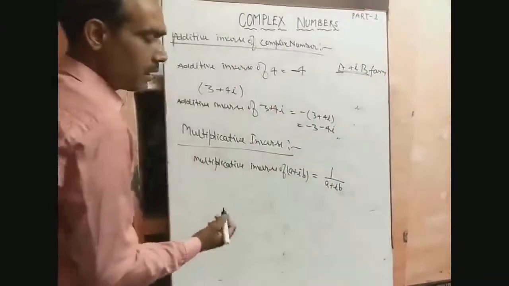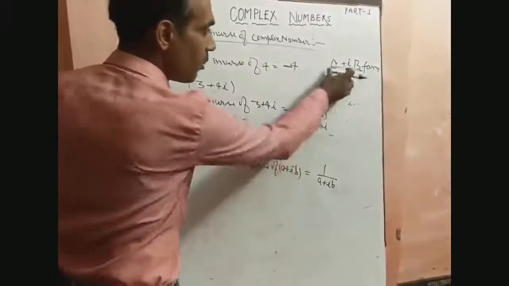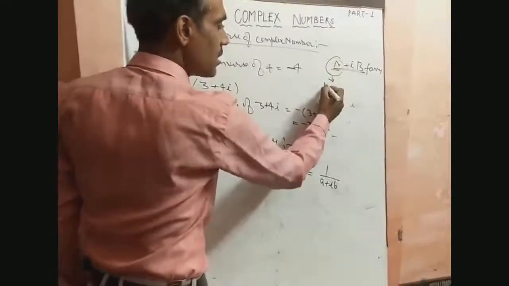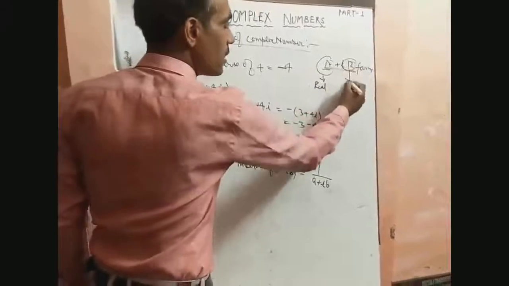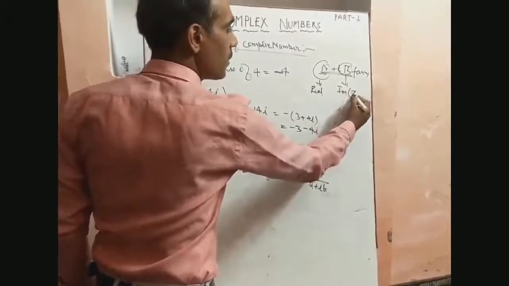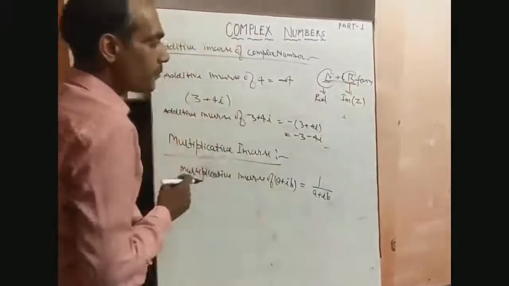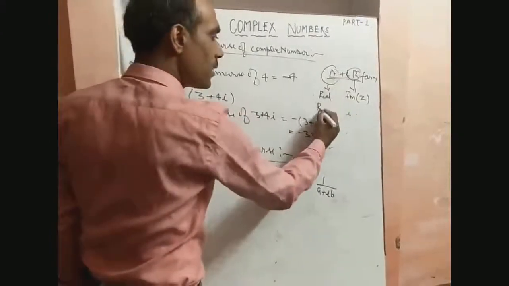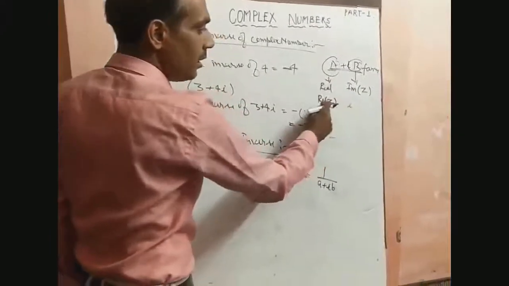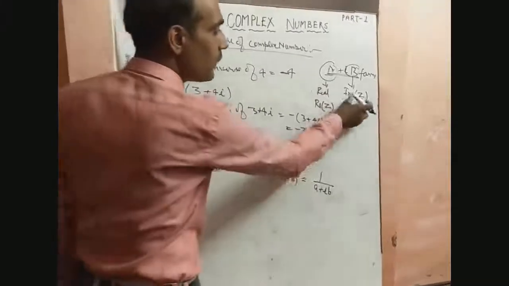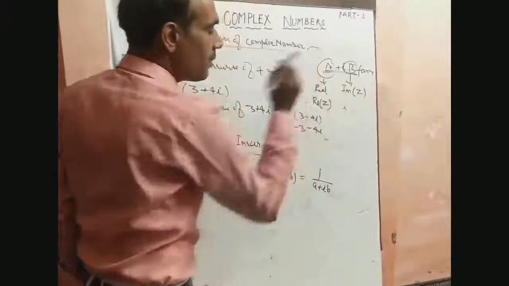And if we solve it, meaning if we convert it into a plus ib form, then here this is the real part and this is the imaginary part. The real part is denoted by Re z, and the imaginary part is denoted by Im z.